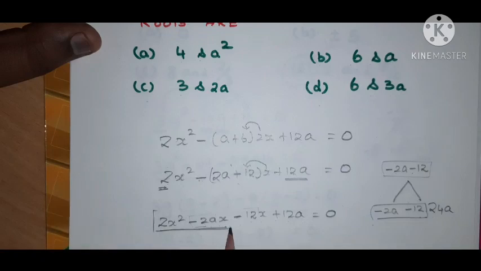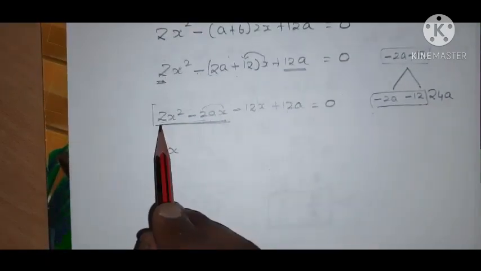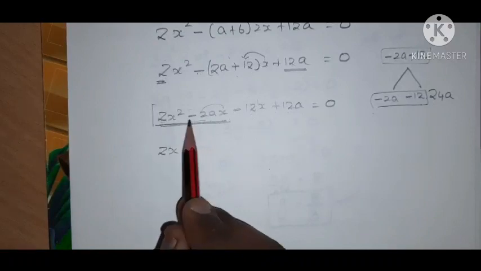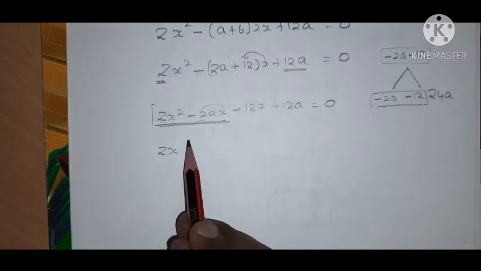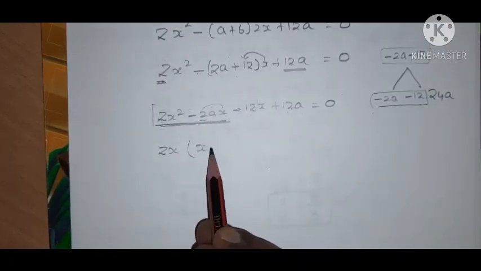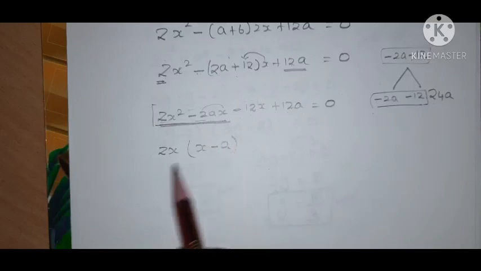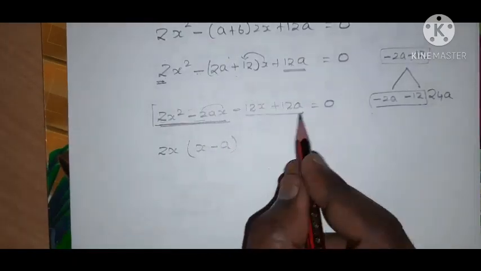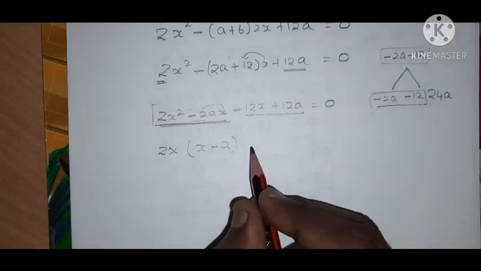Now look at these two terms. Which one is common here? 2x is common. I'm taking 2x outside, so x minus a is inside. In these two terms, which one is common? 12 is common.